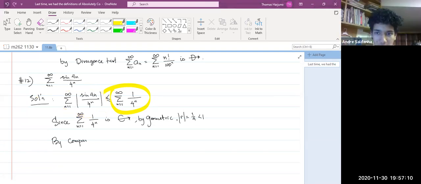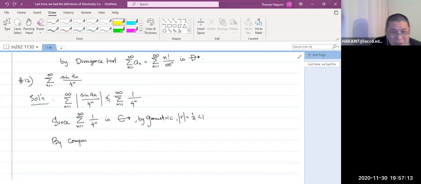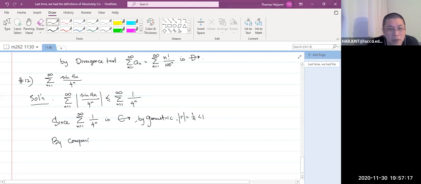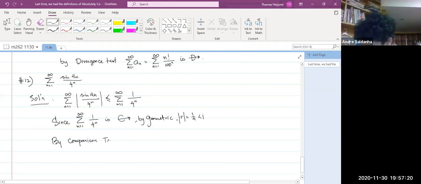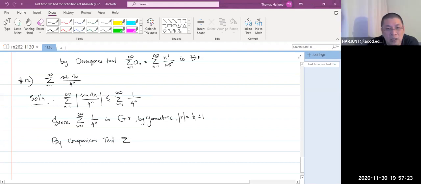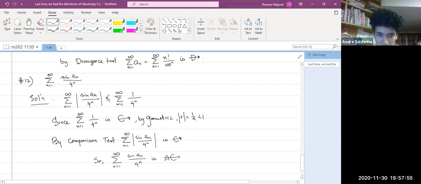I kind of confused that with comparison test for sequences, but it is true. So by comparison test, the series of the absolute values is convergent. Therefore, the series without the absolute value is absolutely convergent.